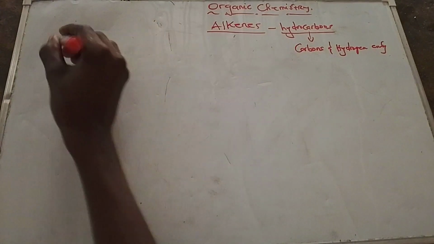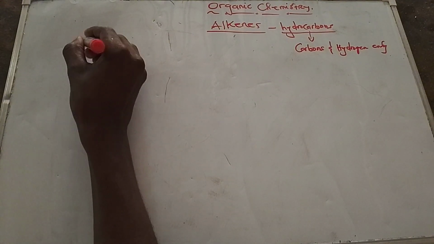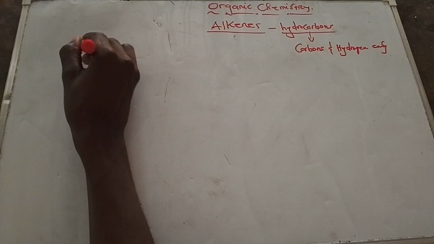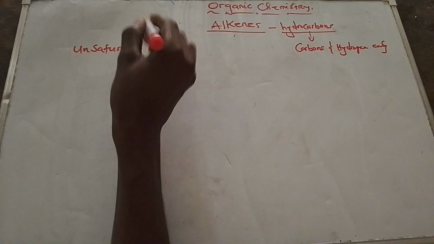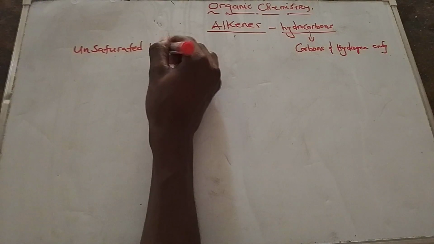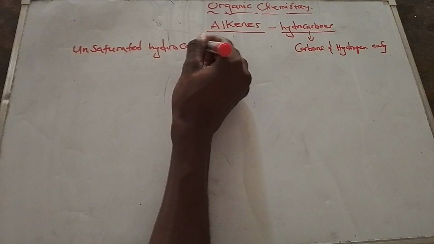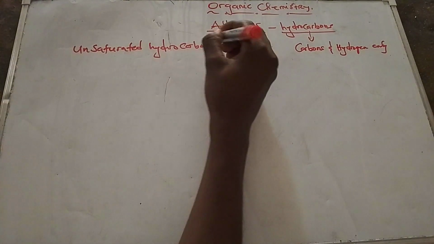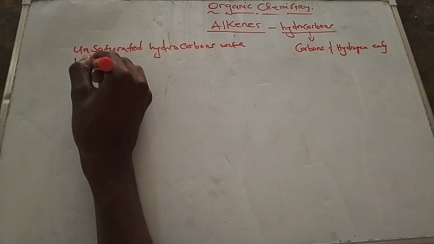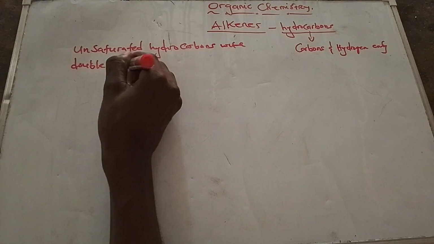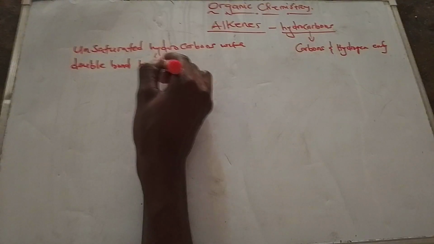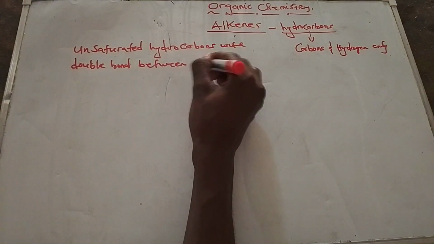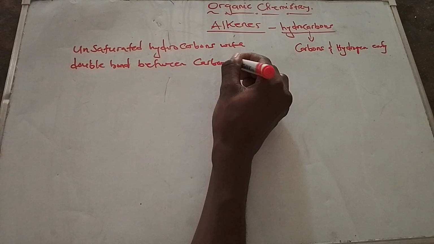Now alkenes, we say they are unsaturated hydrocarbons with double bonds between carbon atoms.